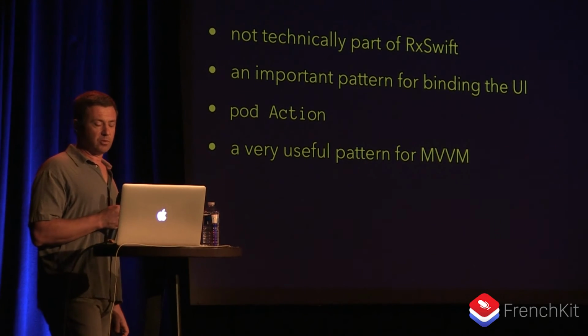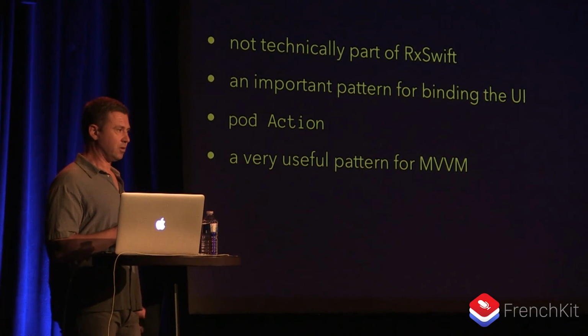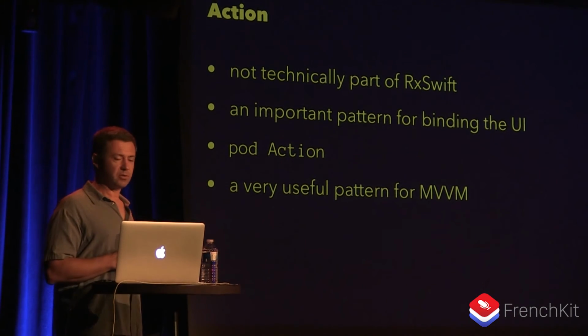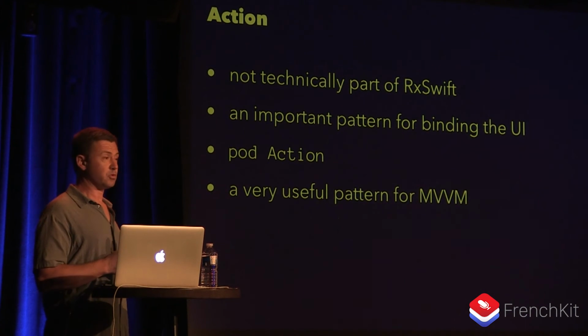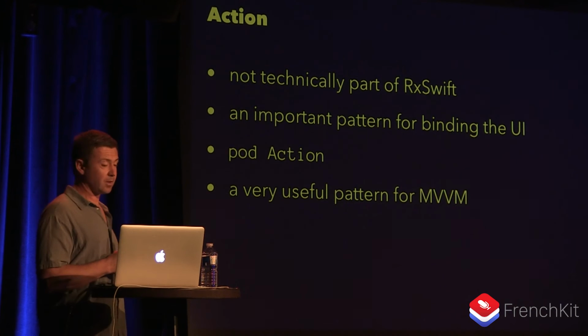The next UI pattern I want to talk about is Action. It's not technically part of RxSwift, but it's a very useful tool you can use to bind the UI. Action is a way to trigger actions from the user interface in generic ways. In addition, it can lock the UI, because if you call an action, it's going to be locked until the action is complete.